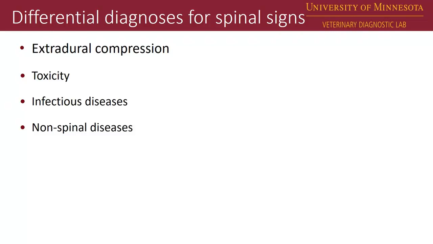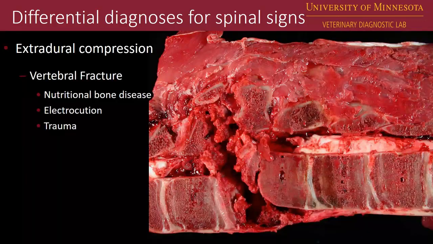Infectious diseases is what we kind of like to hop on as pathologists. Like, we got something we can do feedback, we can do a vaccine, something like that. And then there's some non-spinal diseases that can show up and look like spinal disease. So it's important that when you're out on the farm, or when your farm managers are out there, that they're collecting the samples that can get those diagnoses as well. So we'll walk through some of these real quick.